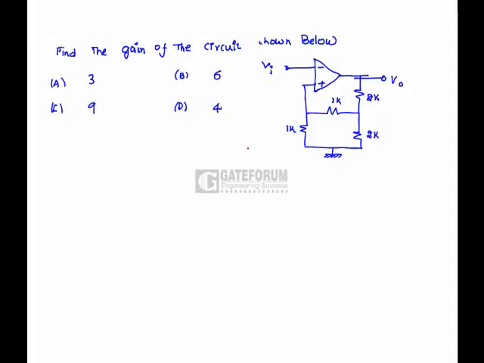Find the gain of the circuit shown below. If I indicate this node as VA, from the virtual short circuit concept, this node has the potential VI. If we apply KCL at VA as well as at node VI, we get (VA minus VI) by 1, plus VA by 2, plus (VA minus V0) by 2 equals 0.